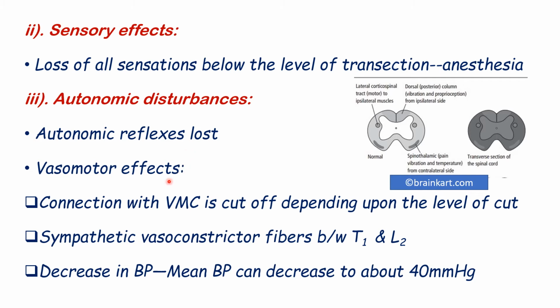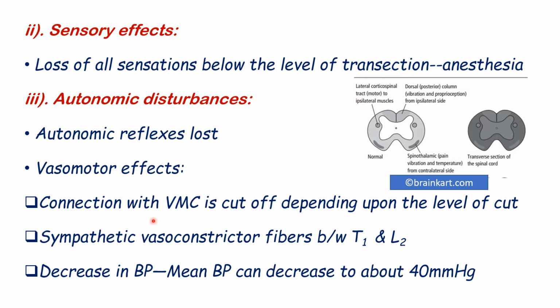Then the vasomotor effects. Transection of the cord below the L1 segment will produce no effect or little fall in blood pressure. It all depends upon the level of the cut.